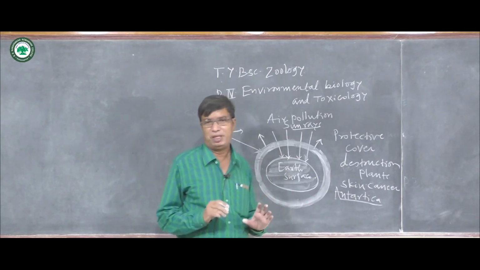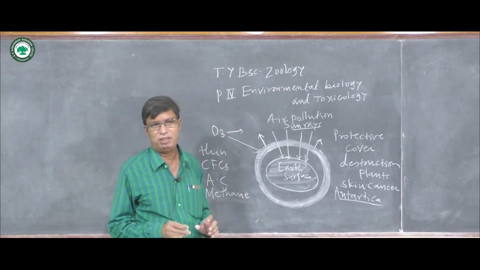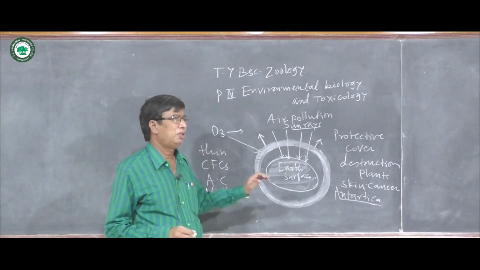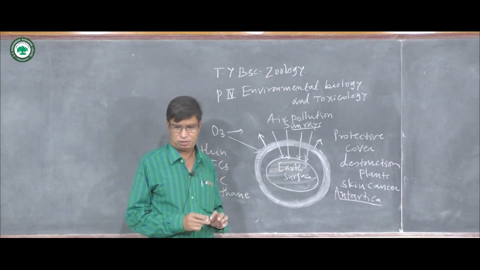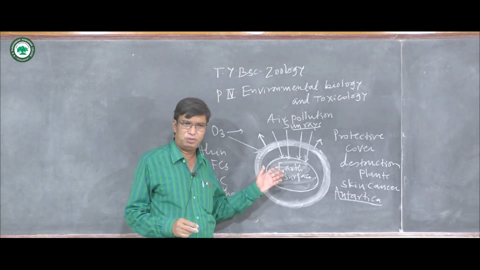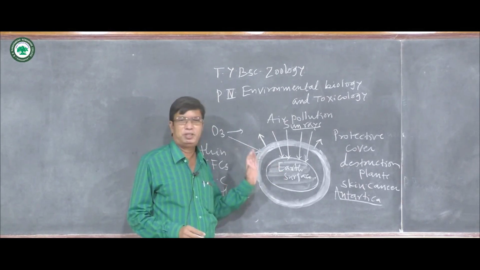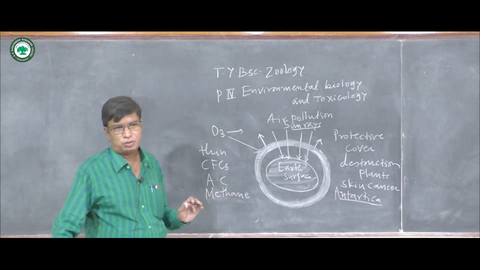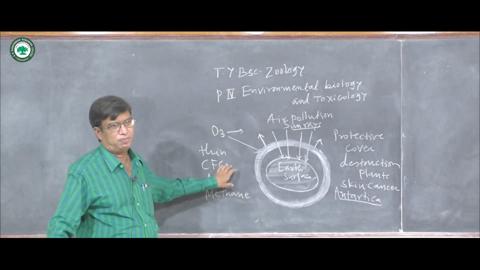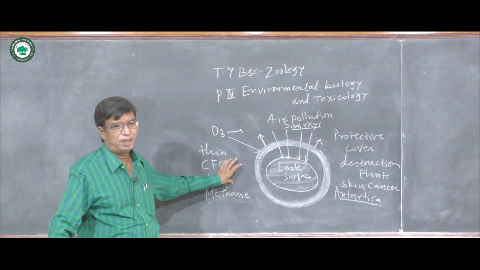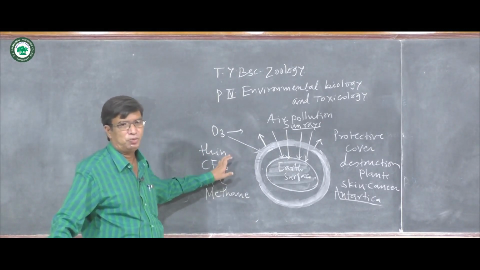Ice starts to melt. That may result in an increased level of seawater. These are two adverse effects of sources of air pollution: formation of acid rain and depletion of ozone layer.